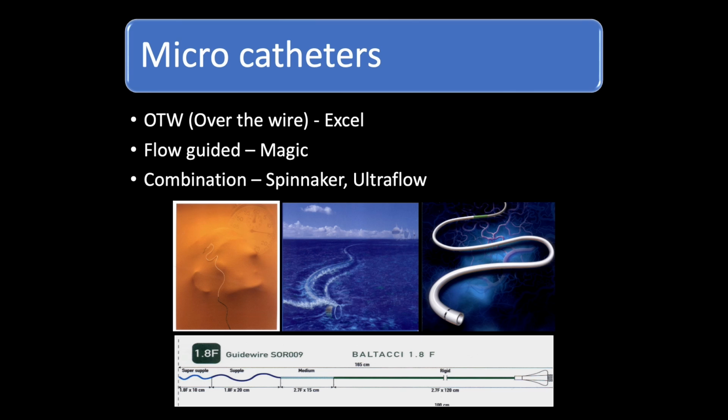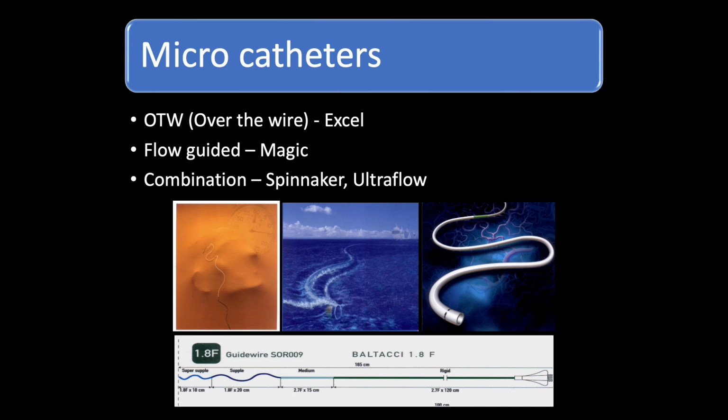Then the other one is liquid. Two types are there, NBCA and Onyx. We will look at those under intracranial intervention. Intracranial interventions are done using small catheters called tiny microcatheters.